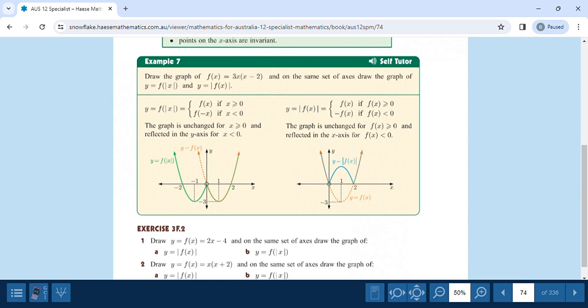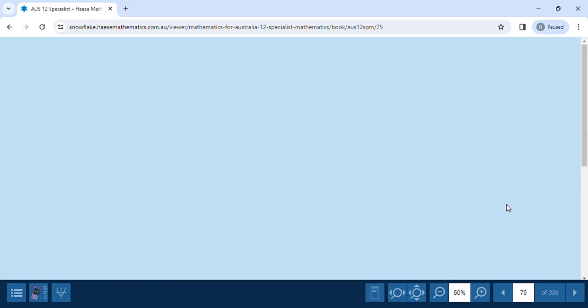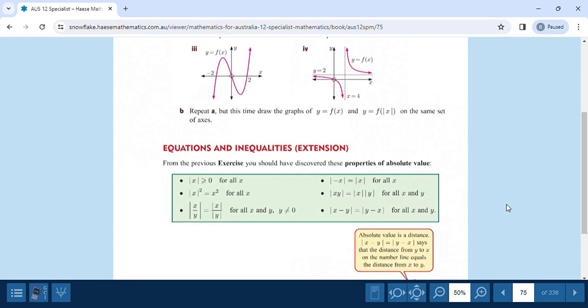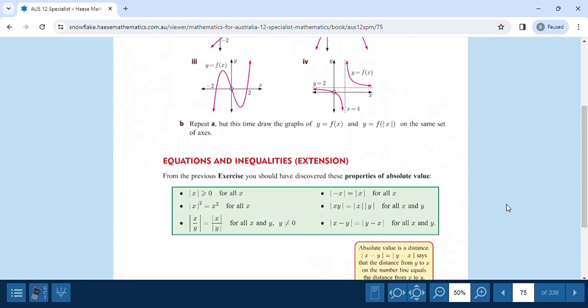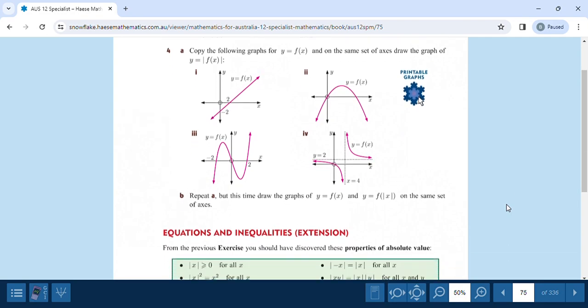The modulus of a positive isn't going to affect it. So that's F2. This will follow a similar concept here, so you just have to think about what you're doing and apply it.